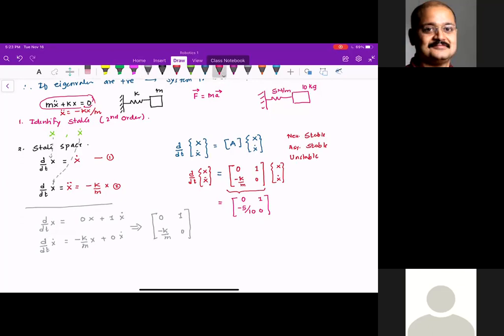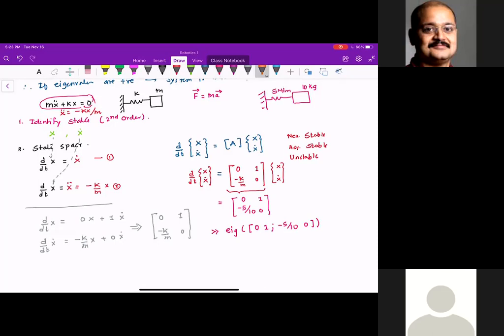Now I want you to try this. Go to MATLAB and say eig of 0, 1, -5 by 10, 0. When you do this, it will give you eigenvalues. Please note, they will have zero real part.